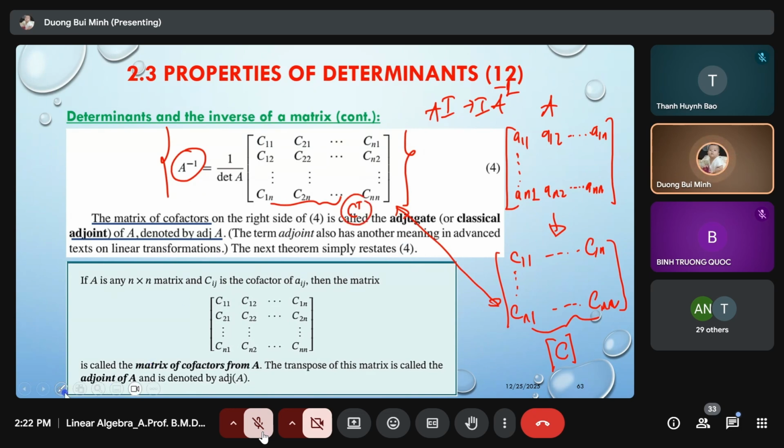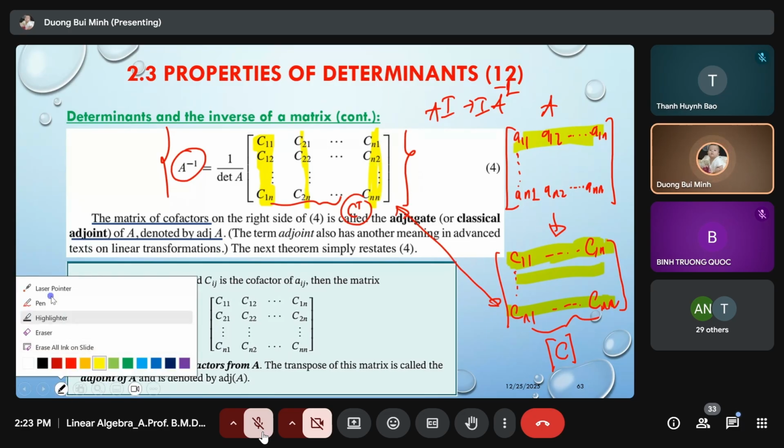Because here you can see we have C11 to C1n, but now this is C11 to C1n here. So the first row becomes the first column, the second row becomes the second column, and the last row becomes the last column.